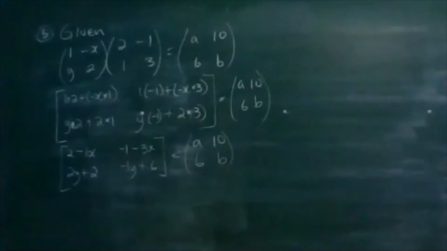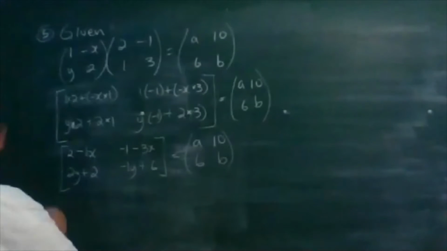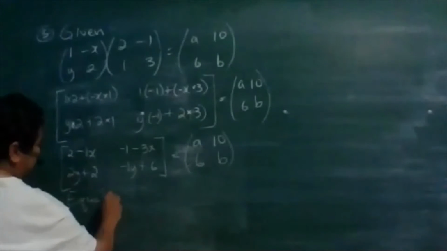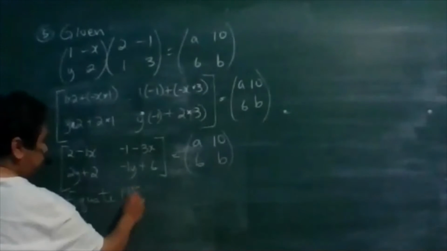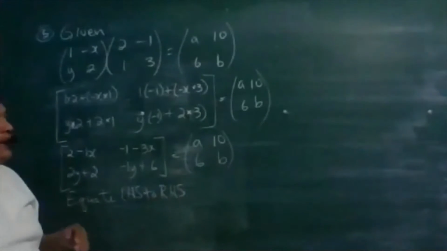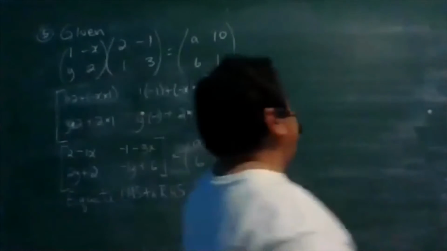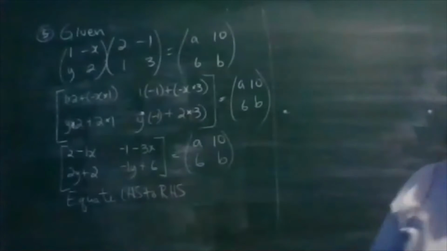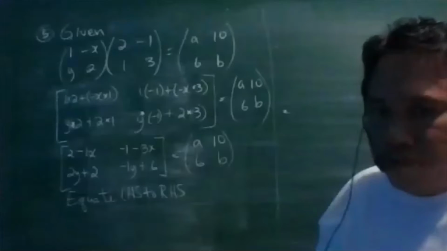So everybody with me? Our next step is to equate. So we will now equate left hand side to right hand side. Meaning again, we're going to have 4 equations, all right? And we have to work out all 4.